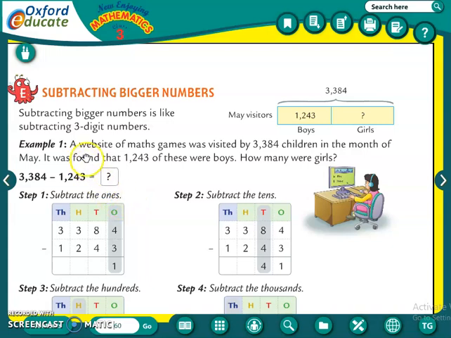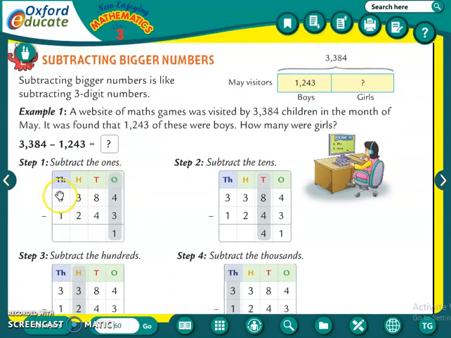A website of maths games was visited by 3,384 children in the month of May. It was found that 1,243 of these were boys. How many girls? So see here the number of total children is given here and the number of boys is here, and we have to find the number of girls.